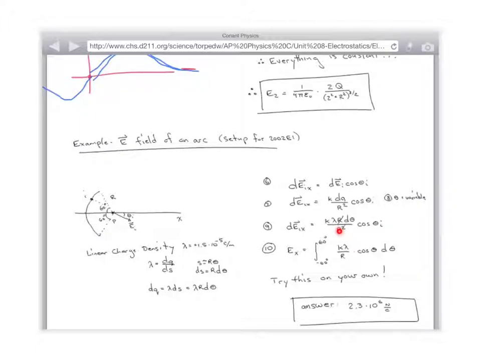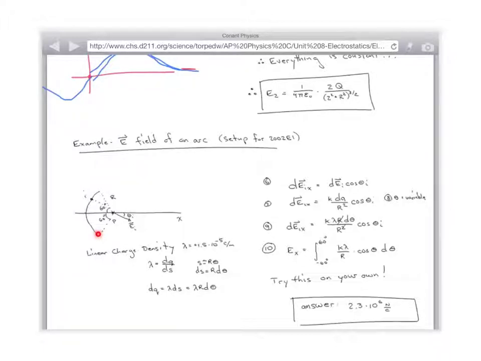One of the r's cancels, and you end up with k lambda over r times cosine theta d theta. K is a constant, lambda is a constant, r is a constant. Theta is the only thing you actually have to integrate. So integrate cosine theta, and you should get an answer. Does that make sense? Your variable is this angle, which is what I had mentioned in the previous problem, but you didn't actually have to do. Sound good? All right.